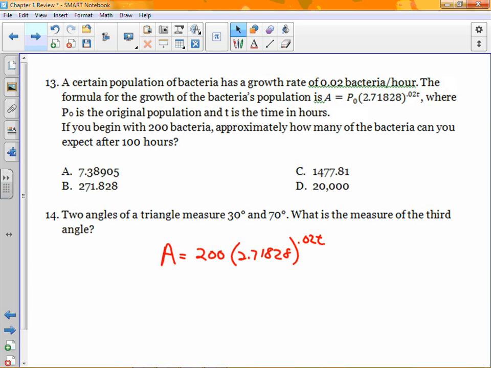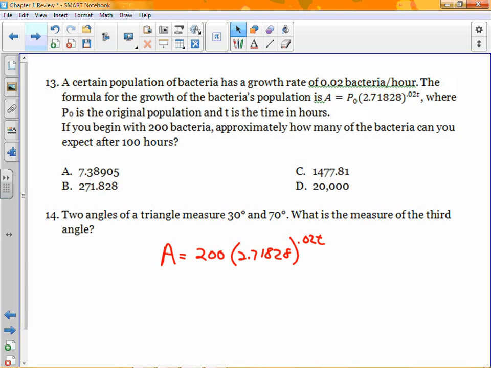So that leaves me 2.71828 to the 0. What's any number to the 0 power? 1. So that would be 200 times 1, 200. So basically, all they're asking us to do here is substitute in here.